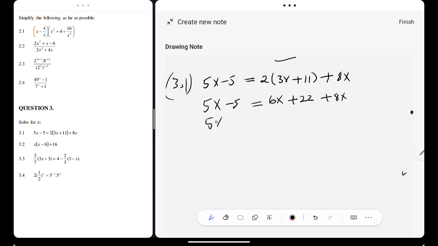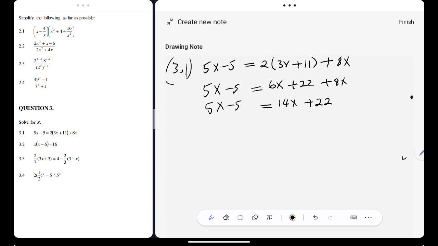So here I have 5x minus 5. On the right hand side I have like terms there. 6 plus 8 will give me 14x. Here I still have 22. Are you together? So now all I need to do is to isolate x. How so? Isolating x just means let everything that has x be on one side, and everything else should be on the other side as well.